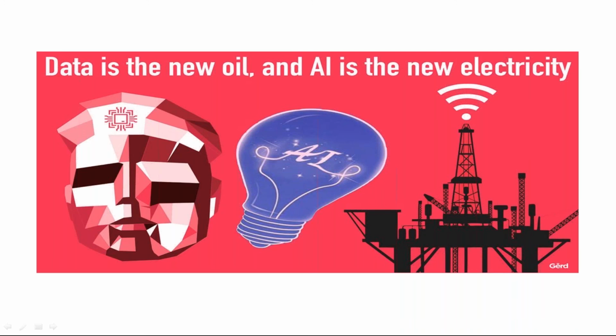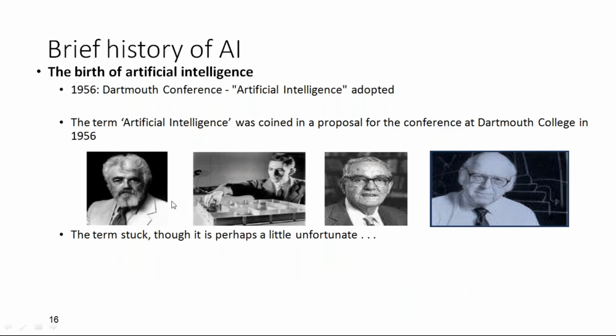We all know that oil companies are the richest companies in the world, and we know how important electricity is now. So in the future, data is the new oil and AI is the new electricity. Okay, so let us move ahead.